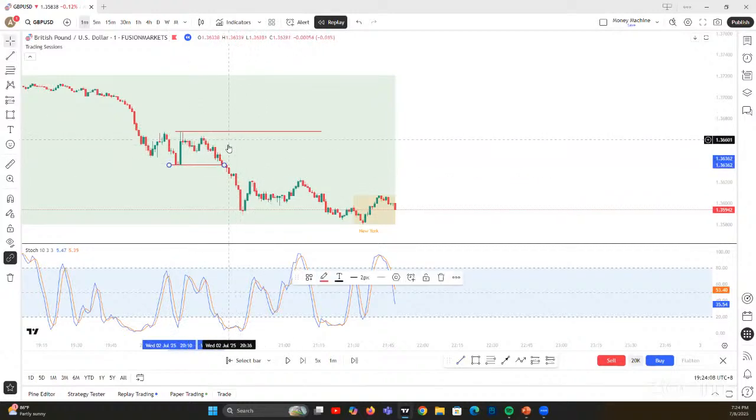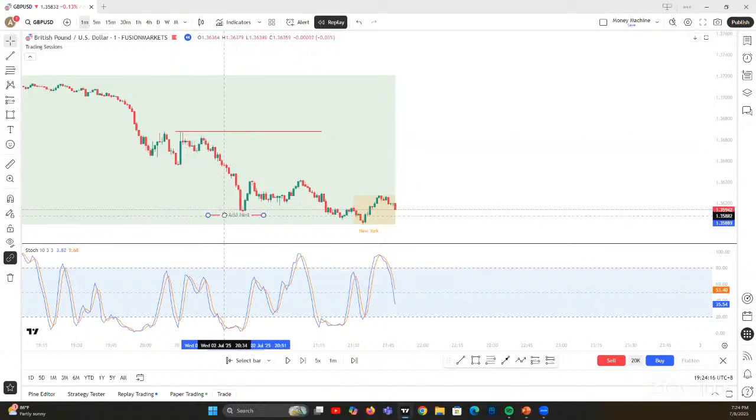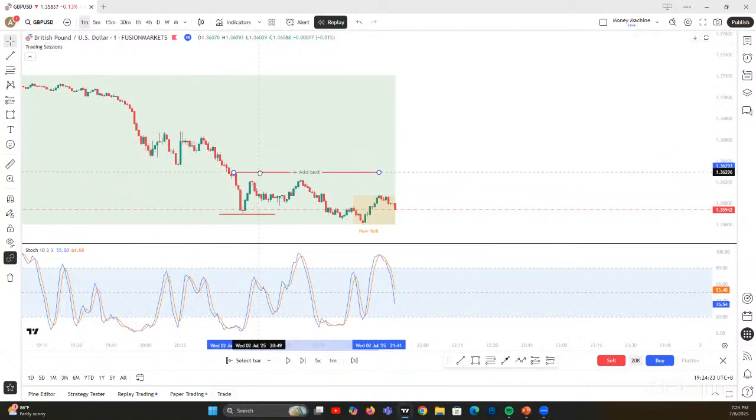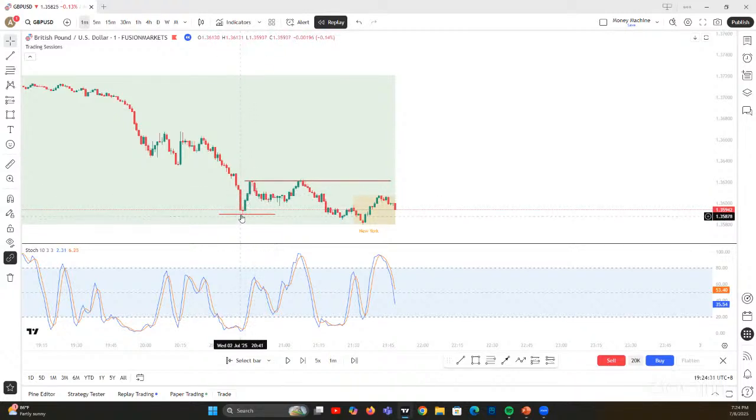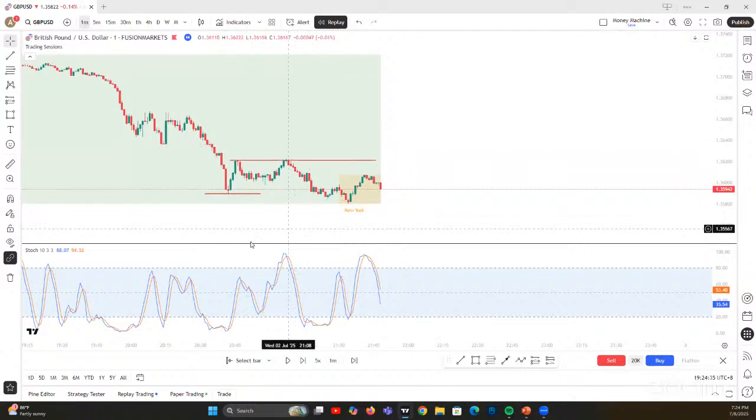So now it broke the structure and gave you a new lower low here, which means the higher low is now here, this pullback here. Three candles is the minimum for the pullback. So now New York is in.